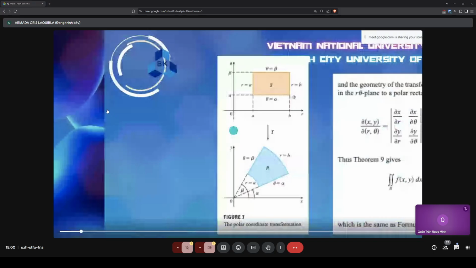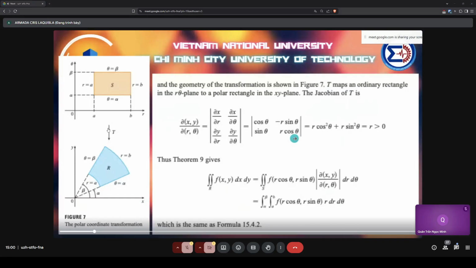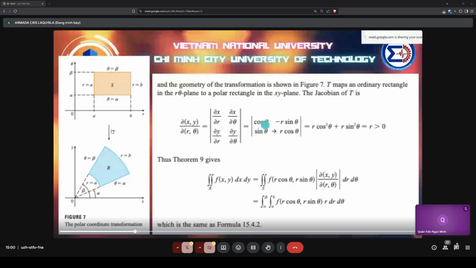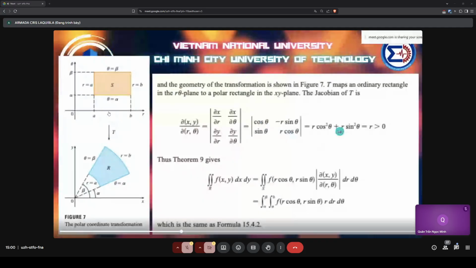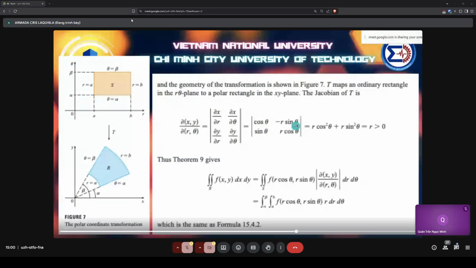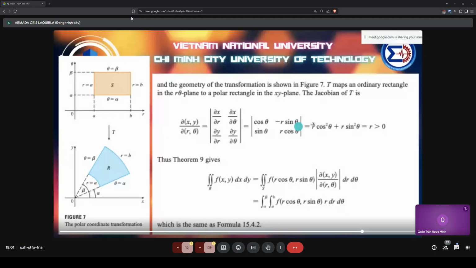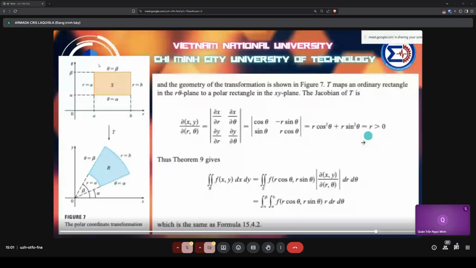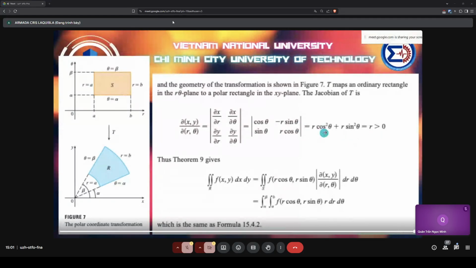Now multiply this. Cos theta times r cos theta, we have r cos squared theta, minus the product of the two here. So minus sine theta times the negative r sine theta. So minus and then there's a negative here, so it becomes plus r sine squared theta. Now you can factor out r there.